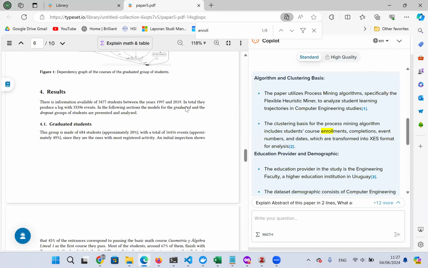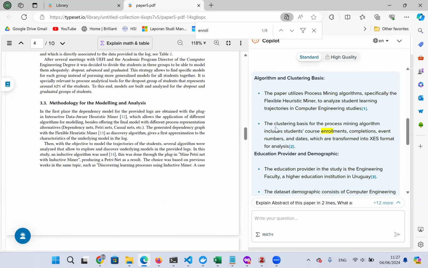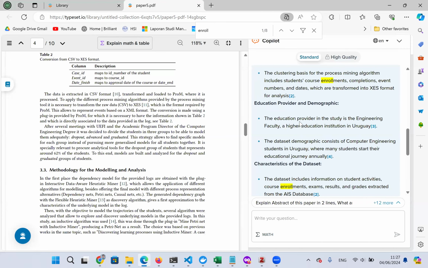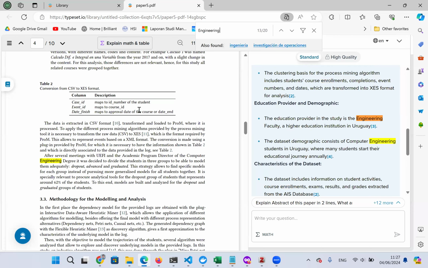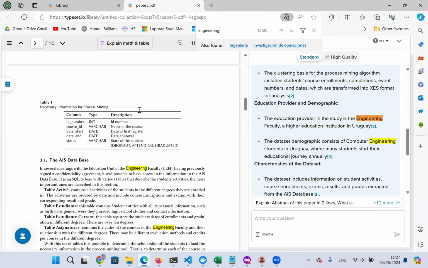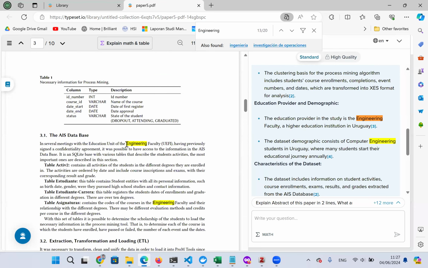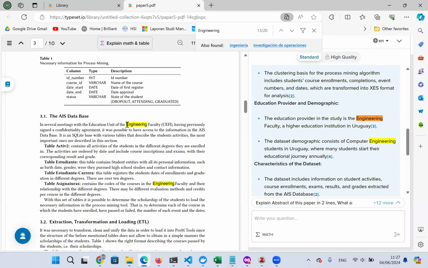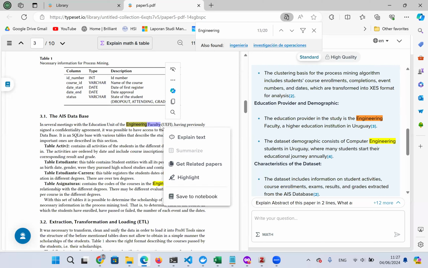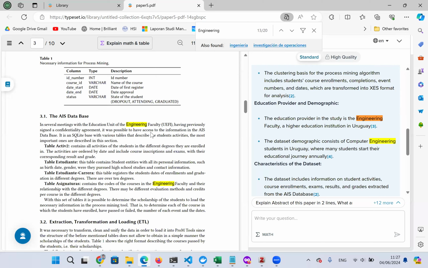Well, as you can see, we take a look at this. Okay, so this higher education institution. Now let's take a look at this keyword here. In this case, it seems like it is true that it is from the engineering faculty, so it is higher education.